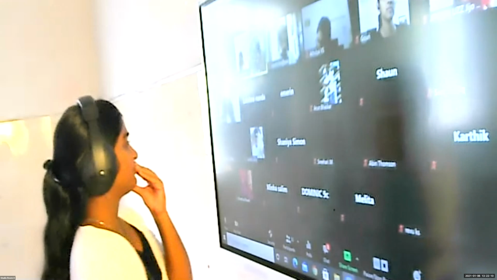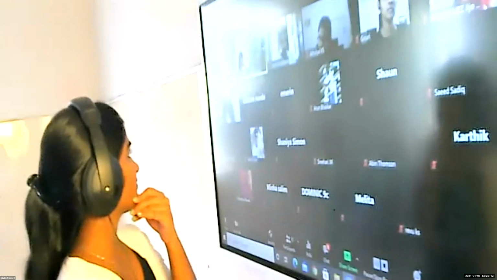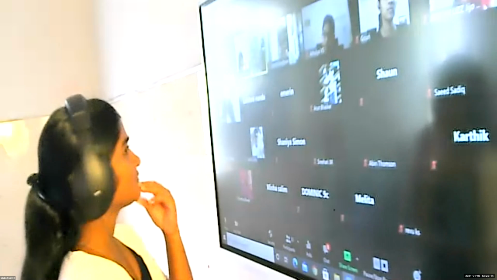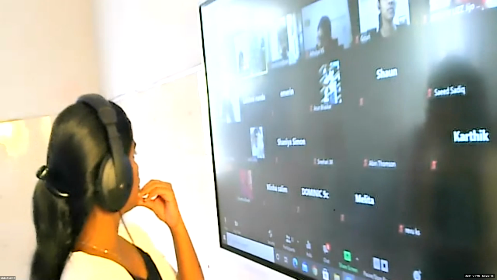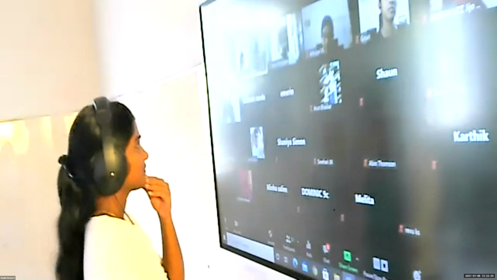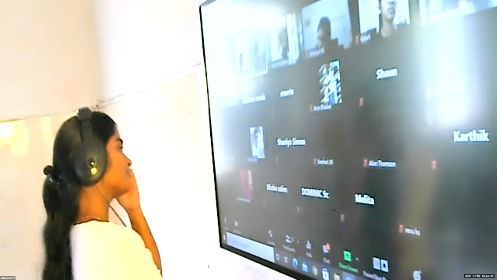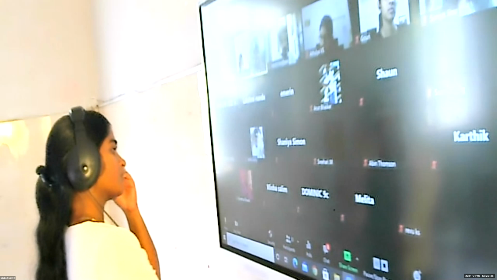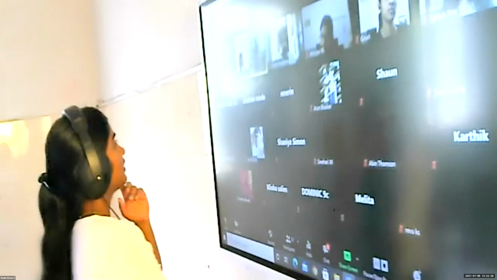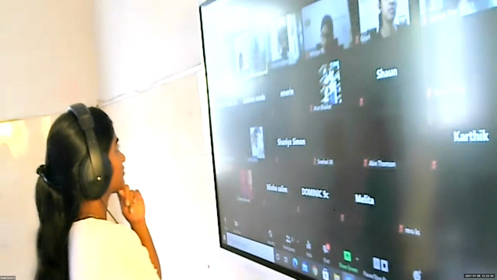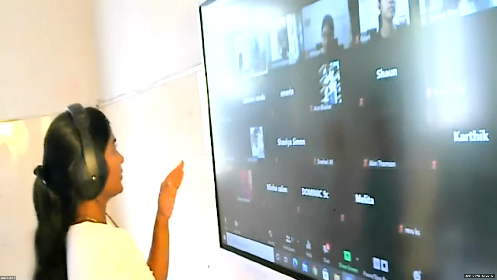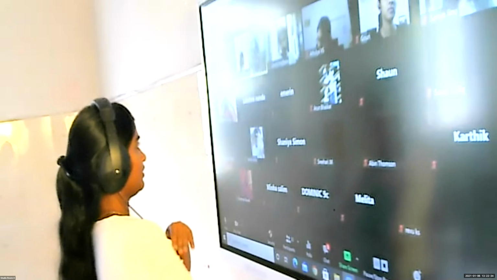Anyone, please guess. Same atomic number? Minha, try. Isotope is same atomic number but different mass number. Then isobar?